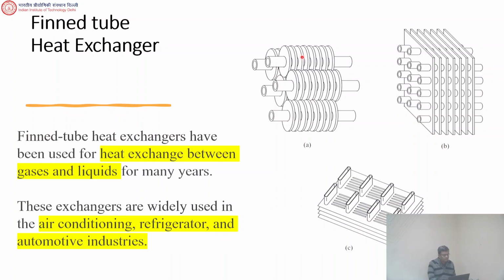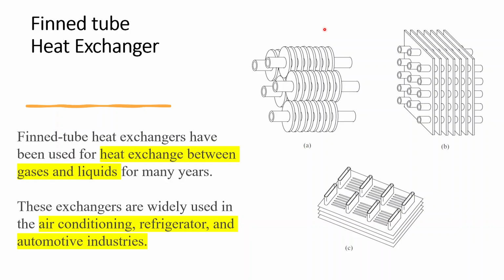So there are some tubes and there are some fins. So we will flow water in these tubes and we'll have fins on the outside. So the fins will be on the gas side, because on the gas side the heat transfer coefficient is low. I think you all know that, right? If you have a liquid flowing, then the heat transfer coefficient is higher. If you have gas flowing, then the heat transfer coefficient is lower.